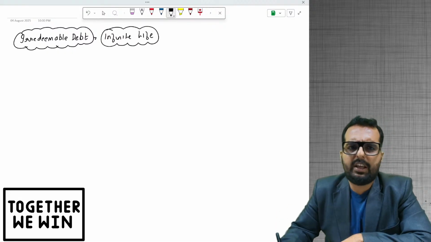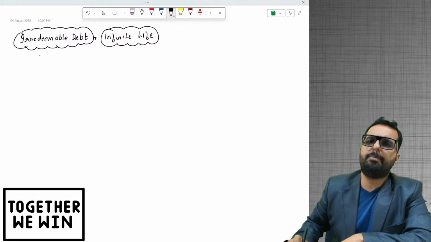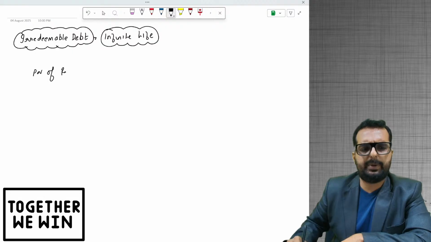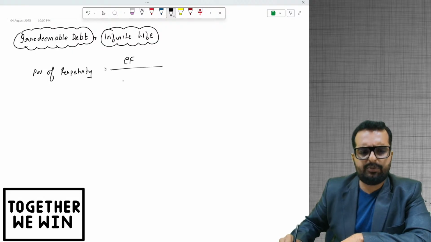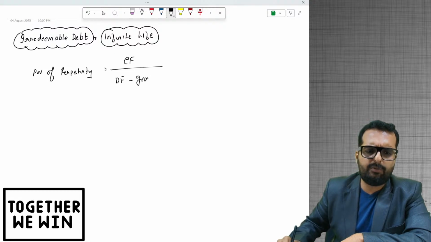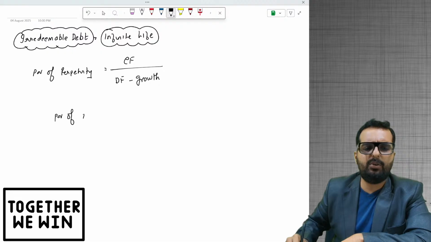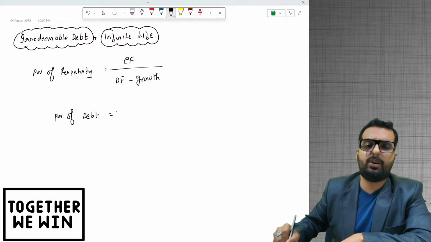So when we are talking about infinite life, there is a perpetuity formula. Present value of perpetuity is equal to cash flow divided by discount factor minus growth. So here, the present value of debt will be equal to.